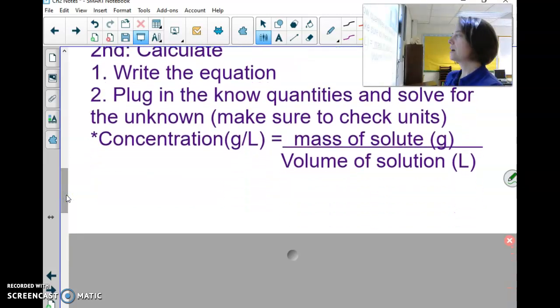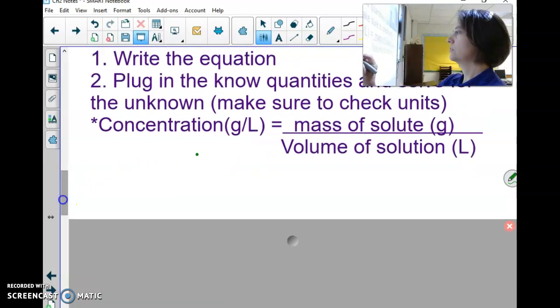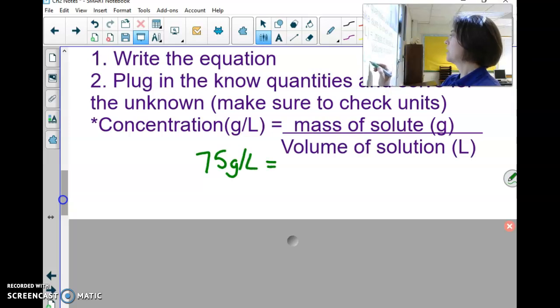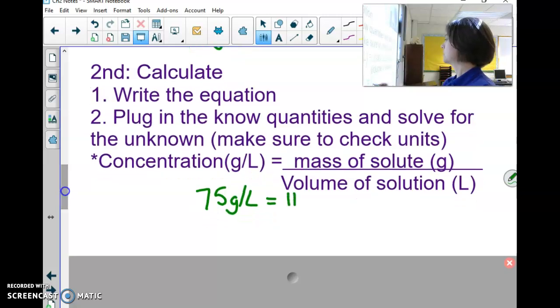So we know that our concentration is 75 grams per liter, and the mass of our solute is 11 grams. And then V is our variable.